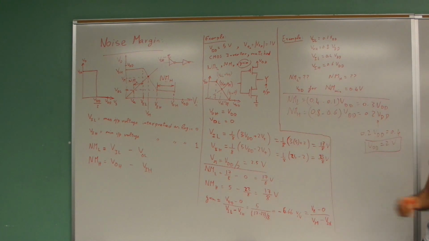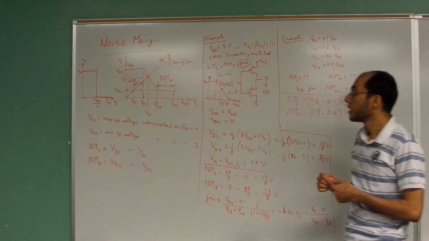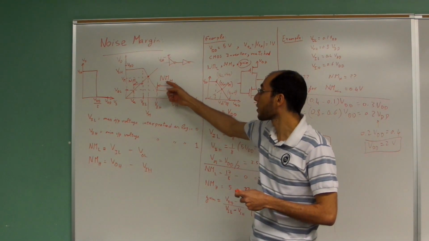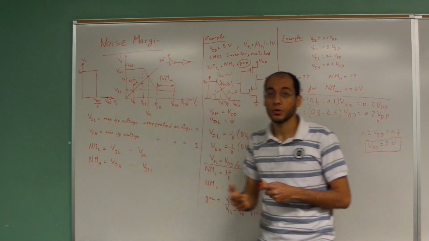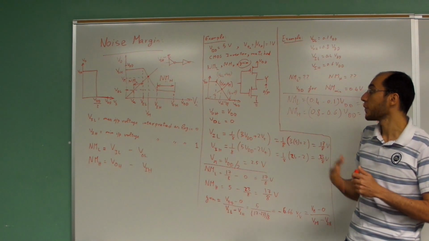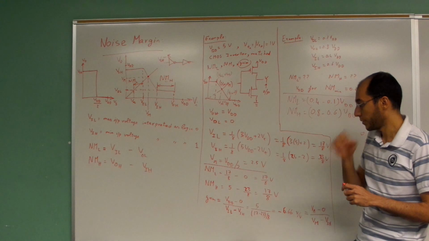That makes the minimum noise margin 0.4 volts. So this is basically what could be calculated for the noise margin. Why is it very effective? It's because the noise margin tells us how good this transistor is if it was affected by noise.